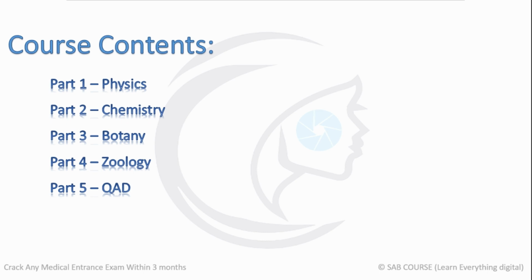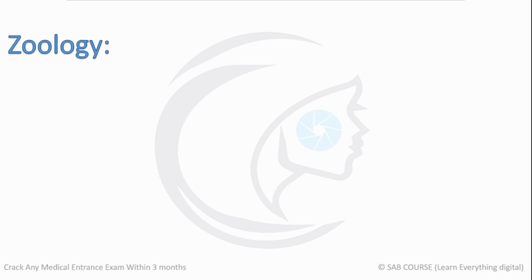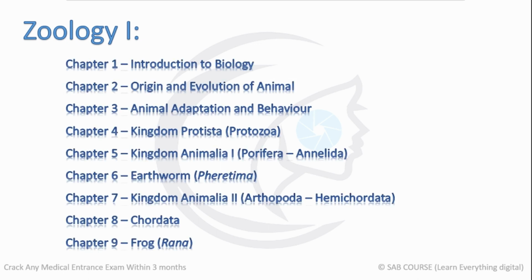And then we will enter into the zoology sections, which have zoology first and zoology second as two sections. Under the zoology first section, we will have 9 chapters. Chapter 1 is introduction to biology, chapter 2 is the origins and evolution of animals, chapter 3 is animal adaptation and behavior, chapter 4 is kingdom Protista, protozoa, chapter 5 is kingdom Animalia first, that is from Porifera to Annelida, and we will learn in detail about the earthworm, Pheretima posthuma.